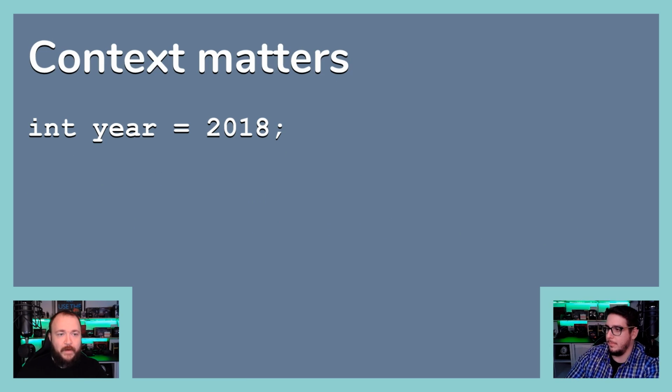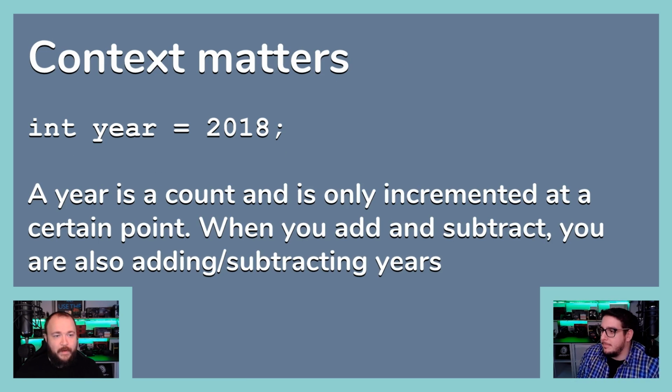So, context matters. A year is a count, and it can only be incremented at a certain point when the year is over. And when you subtract to the year, so if you say year equals some value, 1, that 1 is also a year. It's a whole year.